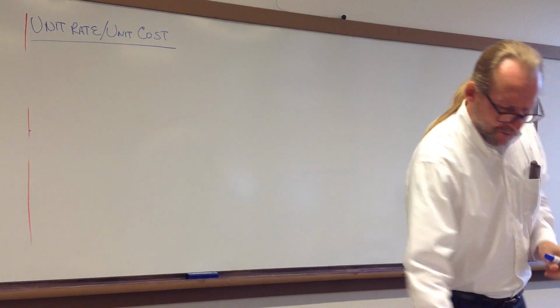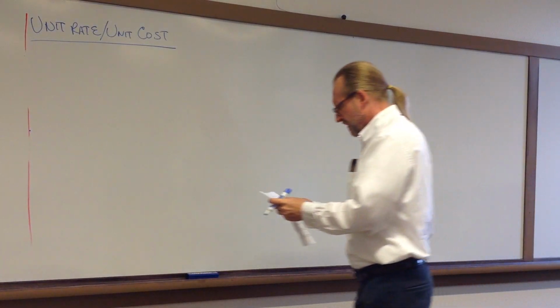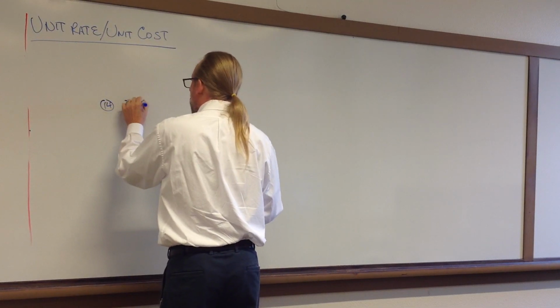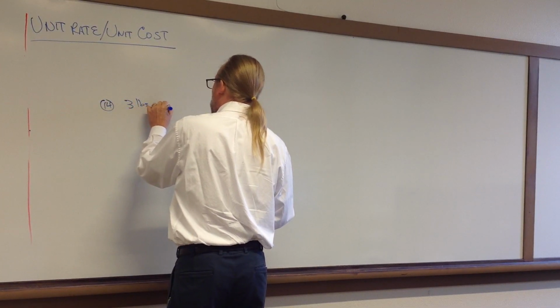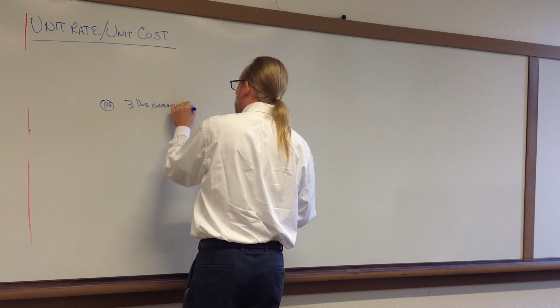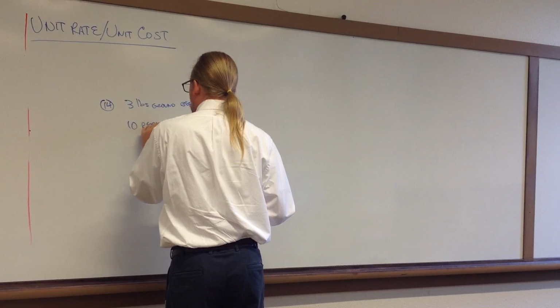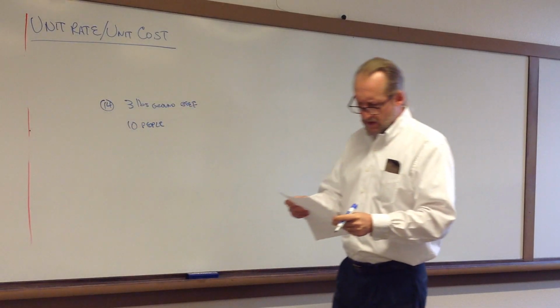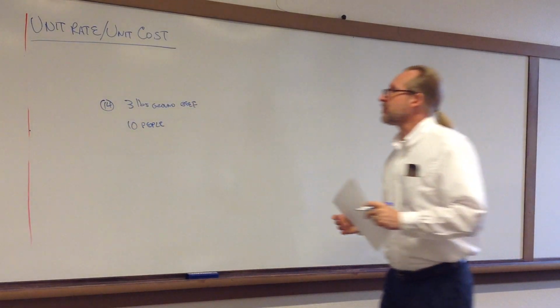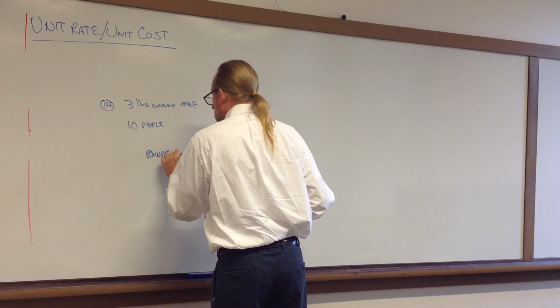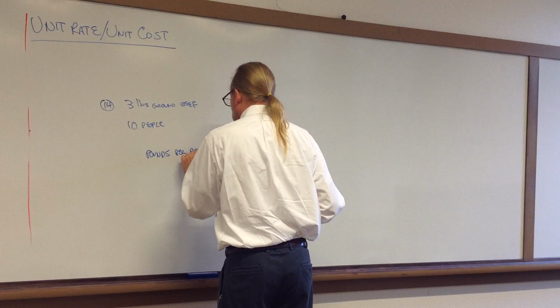Okay, problem 14. Alice's recipe requires 3 pounds of ground beef to feed 10 people. Give the rate in pounds per person. So that's the key phrase for what they're looking for.